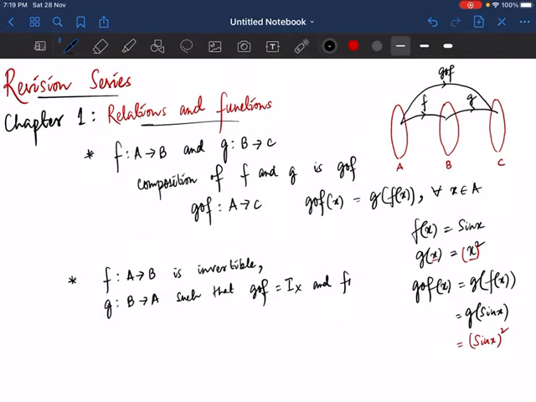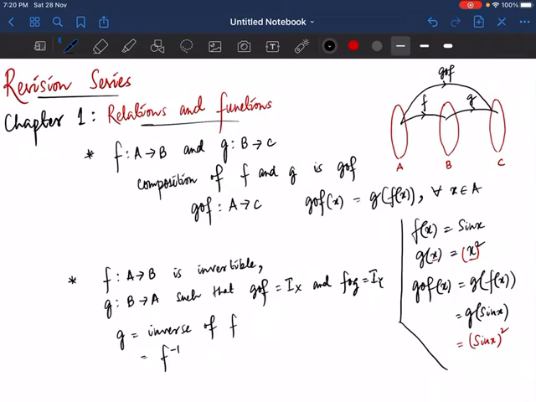If these two conditions are satisfied, then we can say that the function g is the inverse of f. The function g is called the inverse of f, and it is denoted by f inverse.